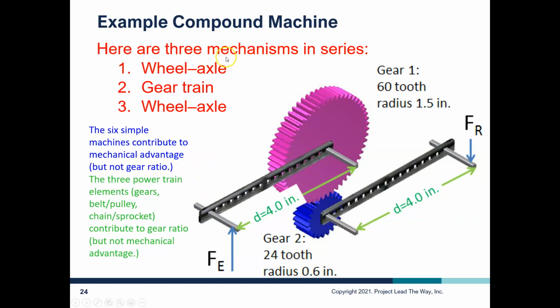Here we have 3 mechanisms in series. We have a wheel and axle. Again, we know that this black bar is going to spin 360 degrees, and we know that we have this black bar attached to an axle. Well, you might think that this is the axle, but this purple gear is really the axle because this is what's doing the work, okay?